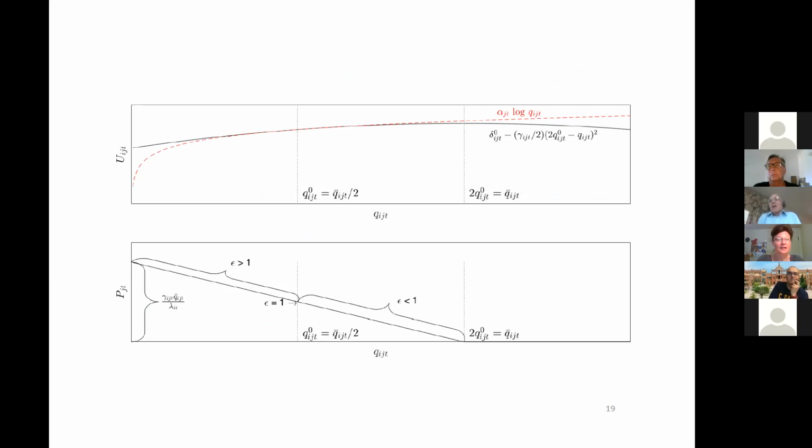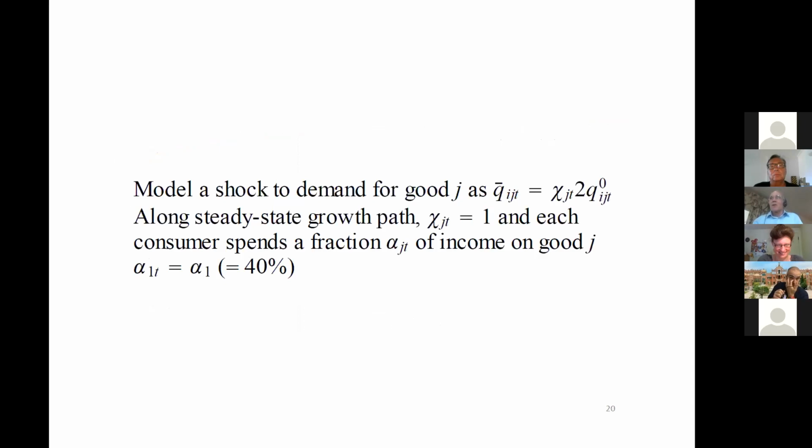In some ways, it's a standard thing we do, except that I'm reversing it. The standard thing is we say, well, the true preferences are log, and I'm going to approximate them with quadratic. I'm saying, no, the true preferences are quadratic, and I'm going to approximate them along the steady state with log. So anyway, that's how I'm going to deal with that issue.